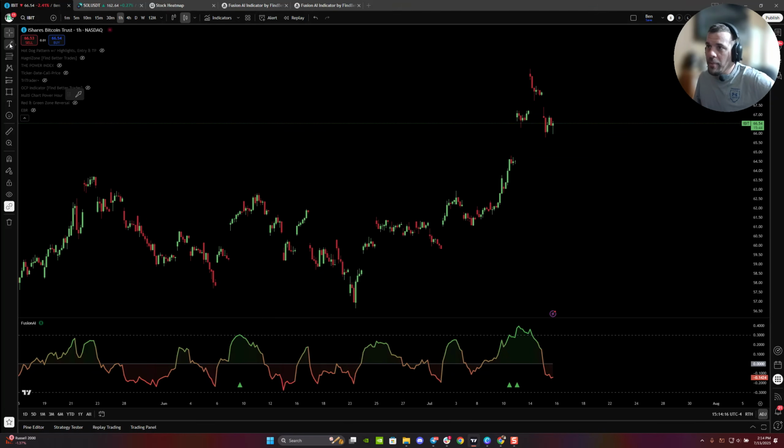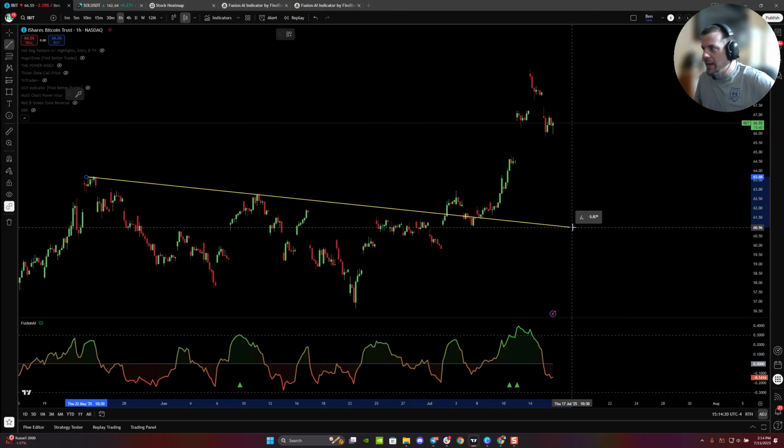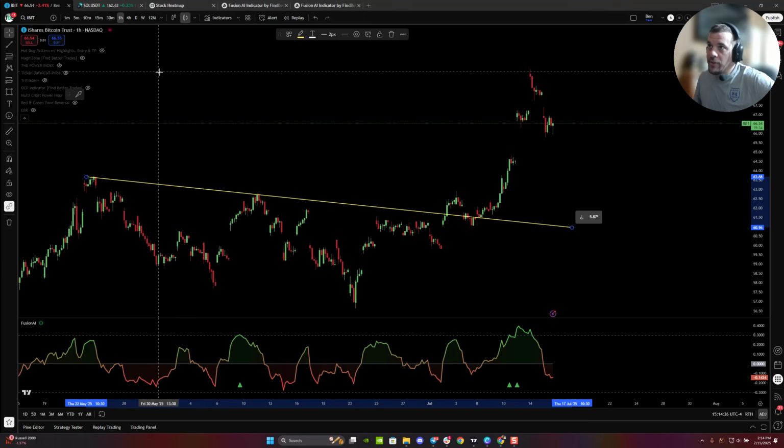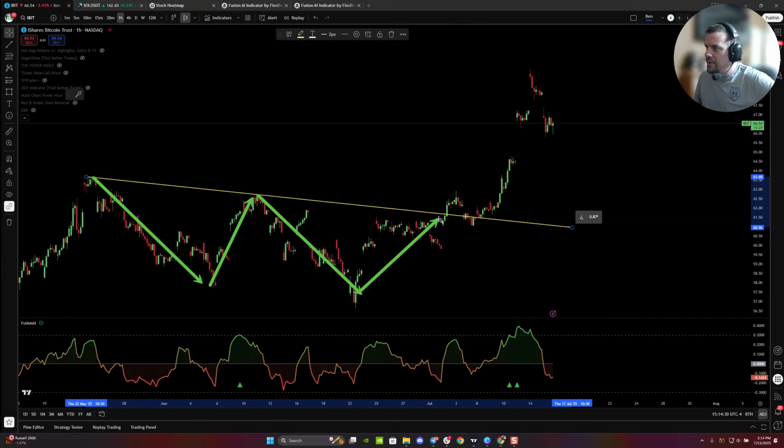But one of the best ways that I would recommend to use this is do something like this, right? Where you get a breakout of a particular trend line. So essentially, you saw this price right here continue to hit off of this particular trend line right here.